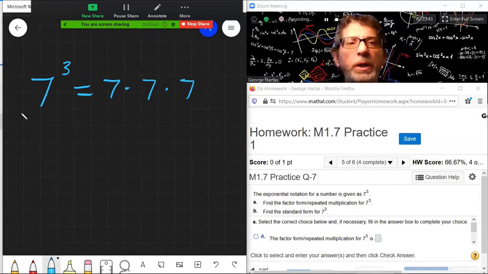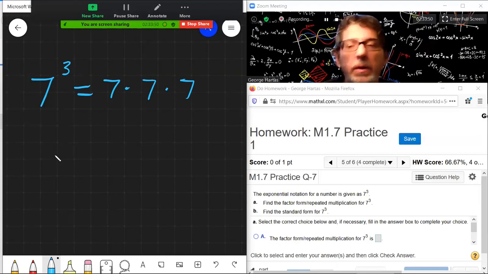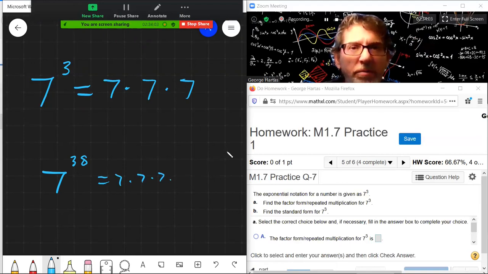So this exponent serves as a shortcut. So you might be thinking, why have that? It's a shortcut. What would happen if we had 7 to the 38th power? Do you feel like multiplying 7 38 times? I don't, and neither does any other mathematician.